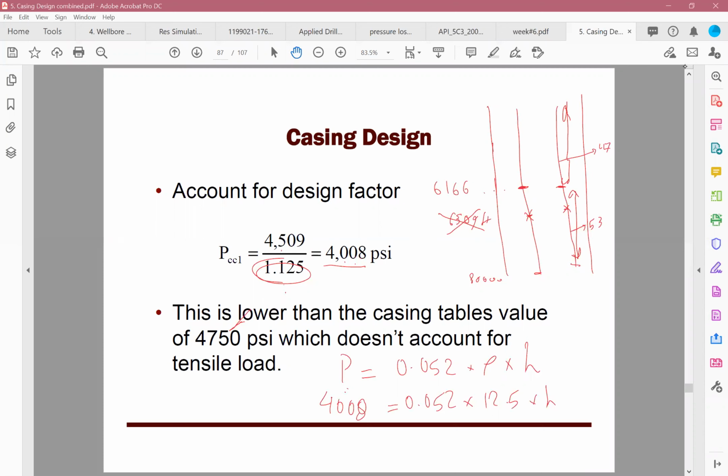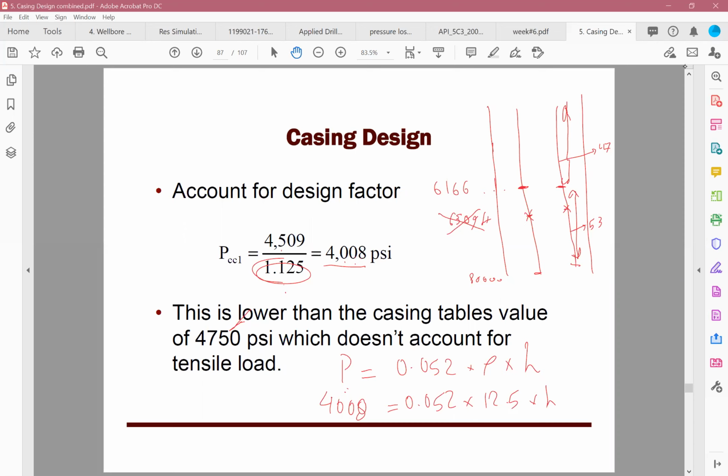Are we done here? Do you guys think that we are done with the design of collapse? Yes. All right. Others? Everybody thinks that we are done with the collapse because we calculated the new depths based on the axial tension. Probably not, because you're asking.